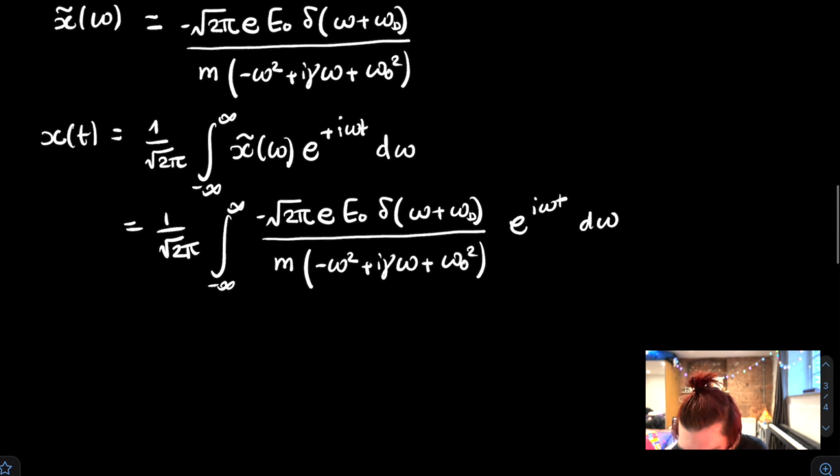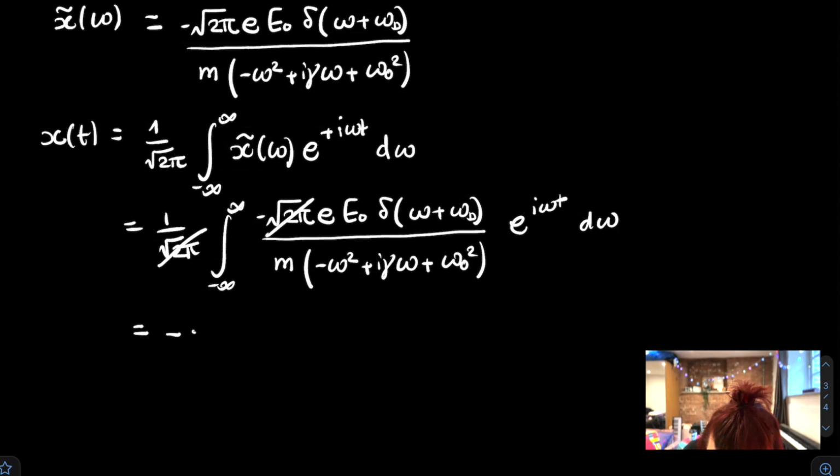So we have rather a nasty looking integral right here. But as we can see, we can make a few simplifications. This root 2 pi will cancel with this root 2 pi. Of course, that's actually why we added the 2 pi, because we needed it to cancel. And there's going to be a minus sign out the front.